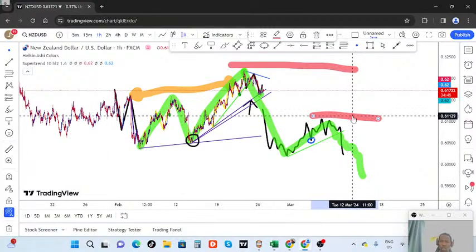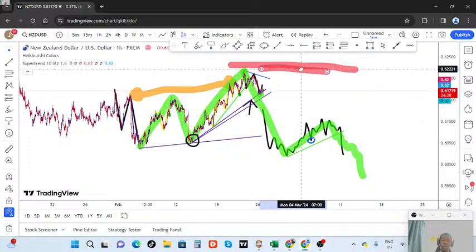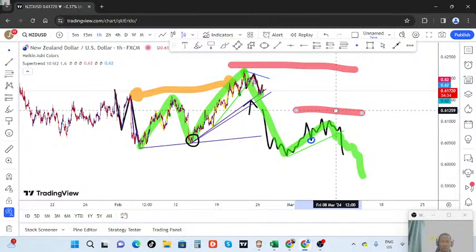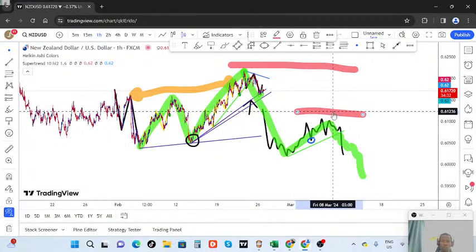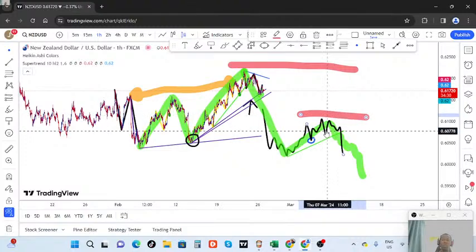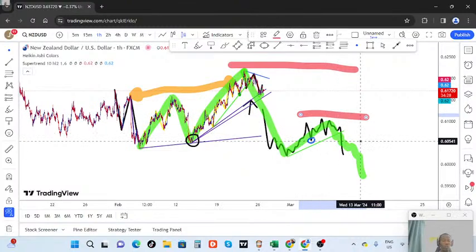If you're trading the short-term downtrend, you put your stop loss here, all fine and good. But if you are trading the market structure, then your stop loss should come right here. There's no right or wrong in the sense that if you put your stop loss here, that simply means you are trading the short-term downtrend, which is all fine and good.